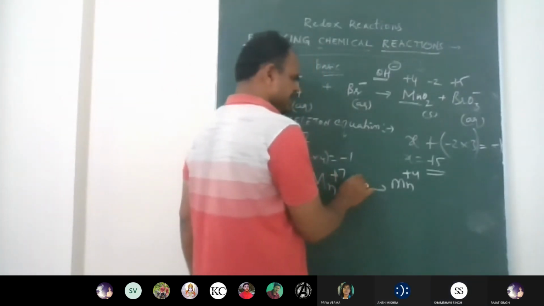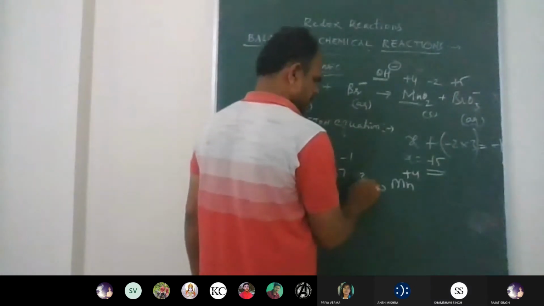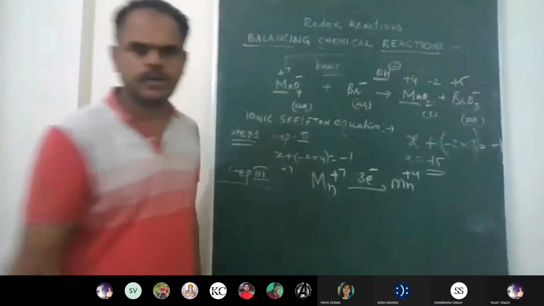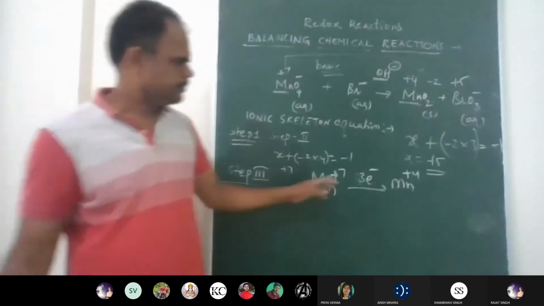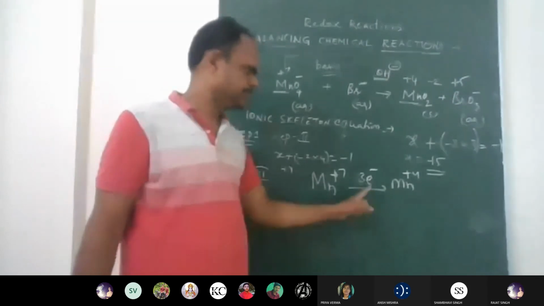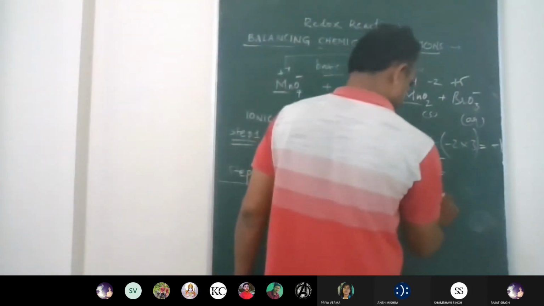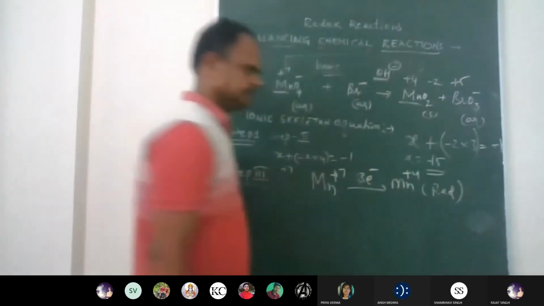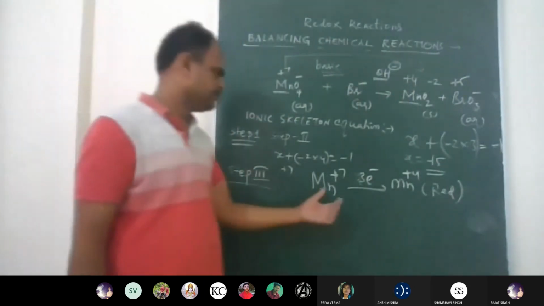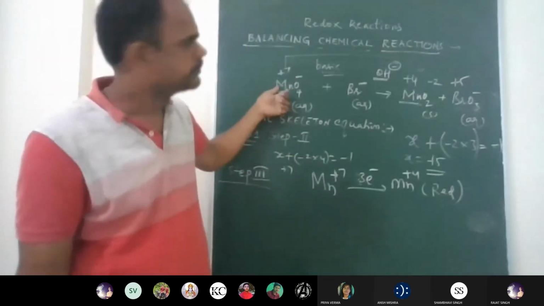How many electrons difference? 3 electrons, no? +7 to +4 means 3 electrons are gained. What do we call this, is it reduction? Reduction. So reduction means manganese is the oxidizing agent.